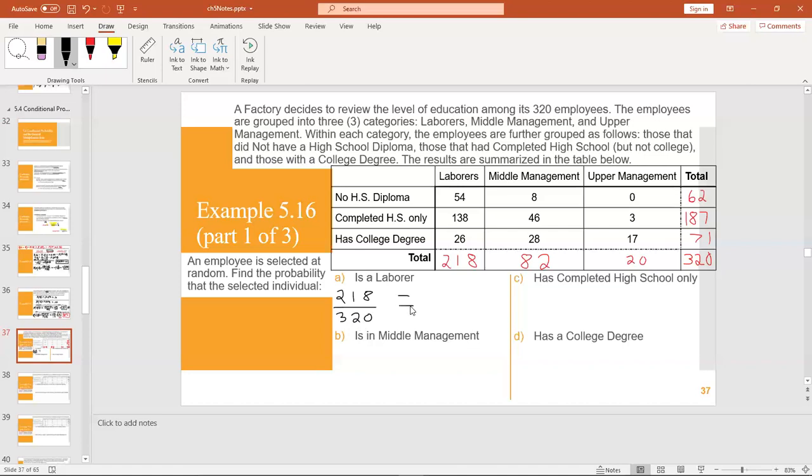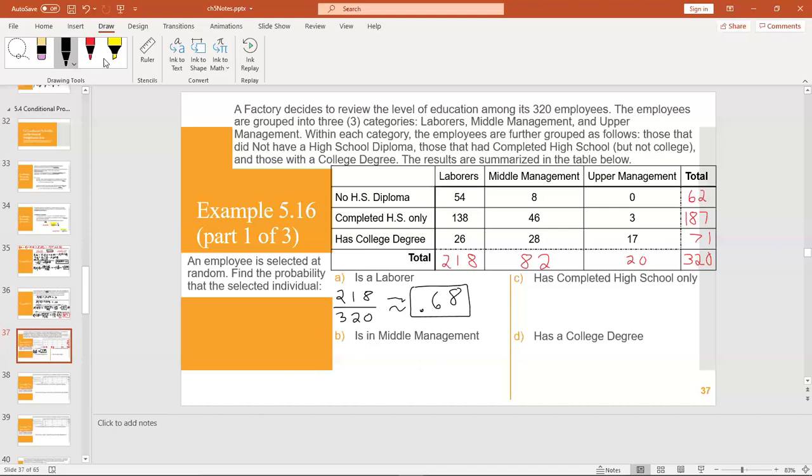And if we divide that, we get a decimal of approximately 0.68. We'll do the squiggly one since it's approximate. So there's roughly a 68% chance that if you randomly pick an employee, they will be a laborer.